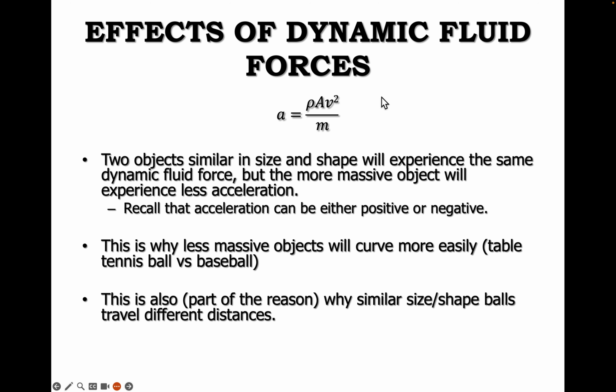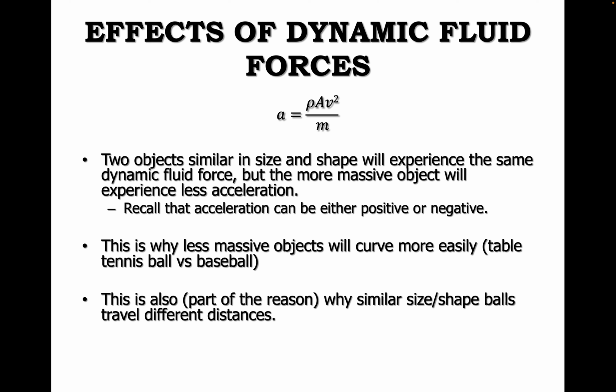And what this causes with our dynamic fluid forces is that if two objects have the same size and shape, they will experience the same dynamic fluid force. But the more massive object will experience less acceleration. Meaning that a heavier object will be more difficult to get spinning in the air compared to a lighter object.